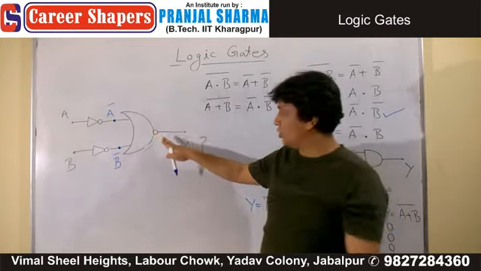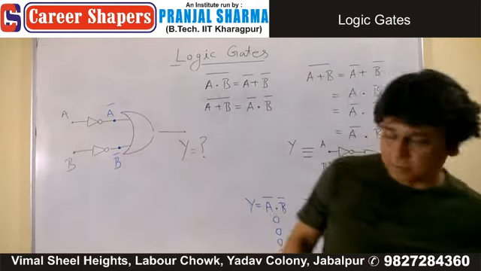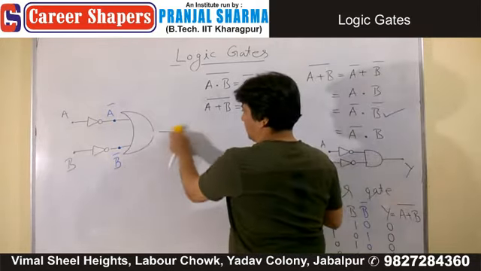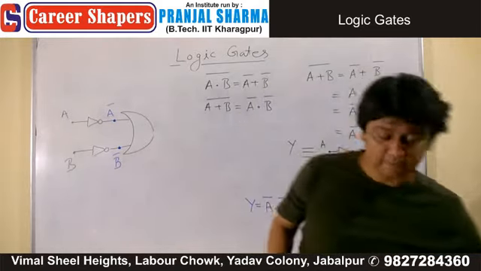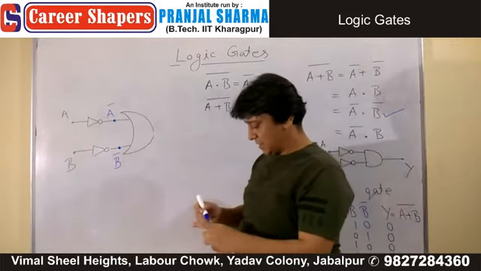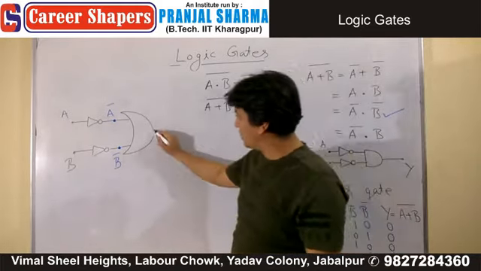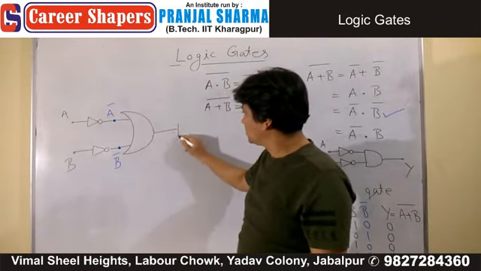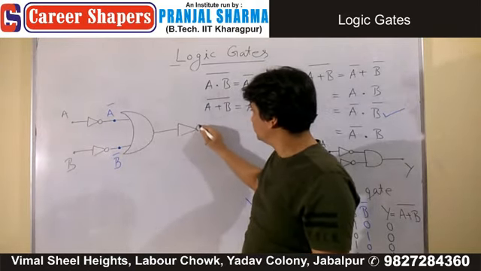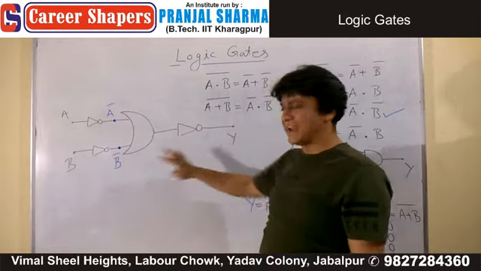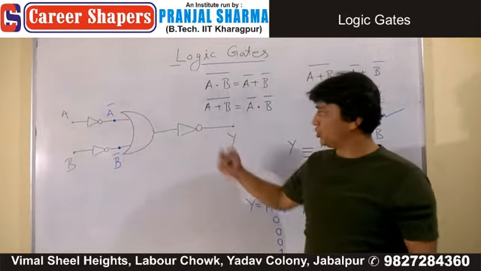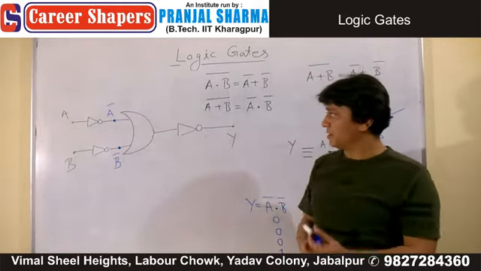If you can do it, draw this as a next step. I'm doing the whole part in the same figure only. You must draw it like this. Same figure, but I have shown you the NOT over here.